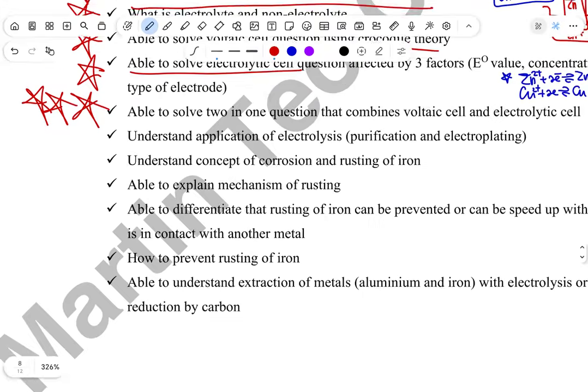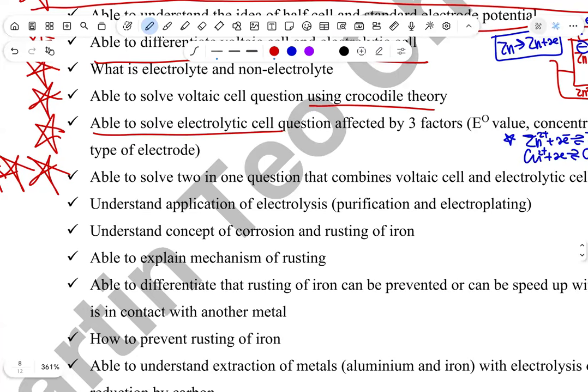Okay, done. Then you must know the applications of electrolysis. With electrolysis, we can do purification. We can make impure copper become pure, impure silver become pure. So make sure you know, when you do purification, what you should put at the anode and what you should put at the cathode. Electroplating is the same thing.